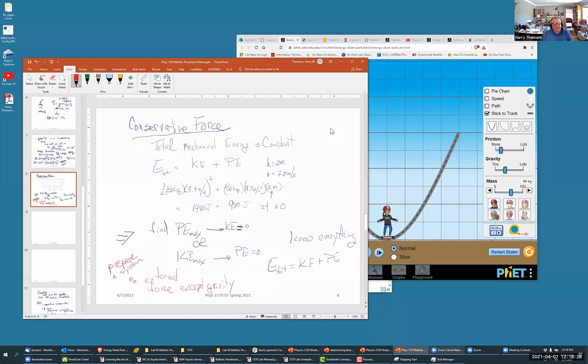And to find E total, you generally want to see what is the PE max or what is the KE max. And in the case of the ballistic pendulum, we are going to get the KE max, FYI. The ballistic pendulum, we look for KE max.